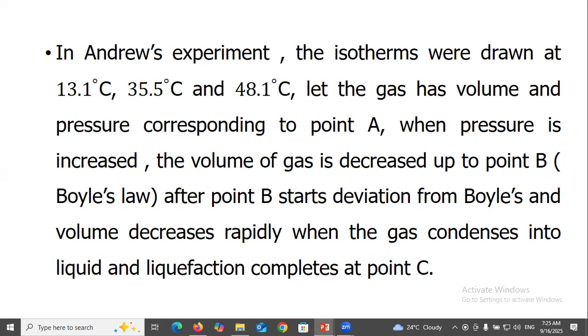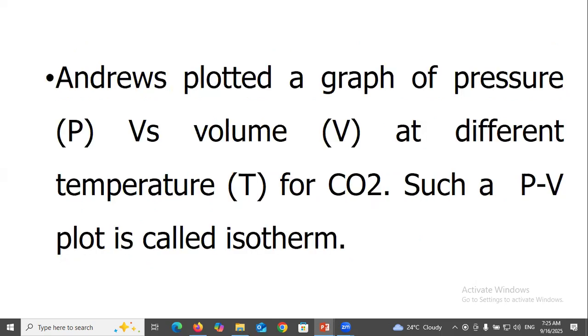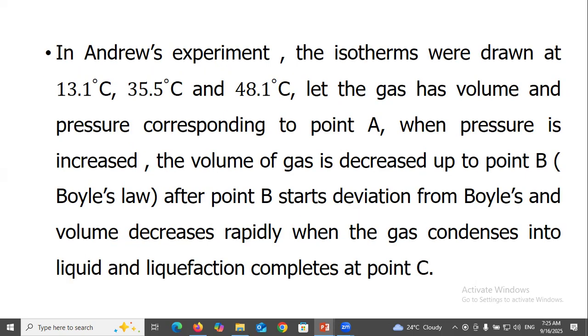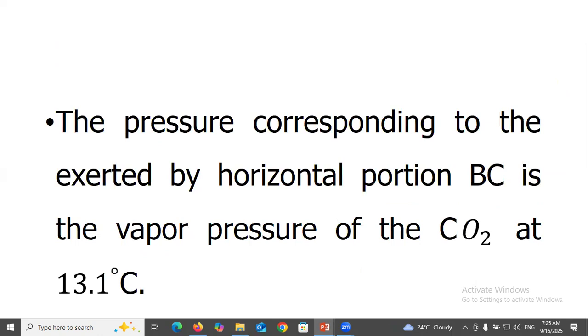After the point B, deviation from Boyle's law starts and volume decreases rapidly as the gas condenses into liquid, and liquefaction completes at point C. The pressure exerted along the horizontal portion BC is the vapor pressure of carbon dioxide at 13.1 degrees Celsius.